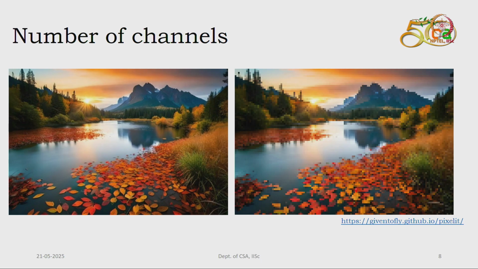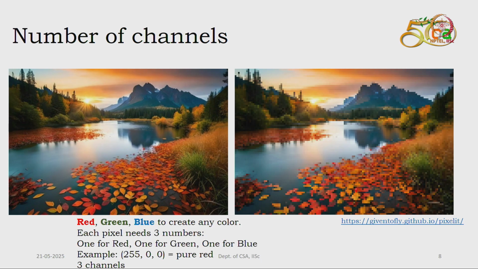We have seen in grayscale and even in binary images, we require just one value to represent a pixel. But when we are dealing with a color image, we require a total of 3 numbers to represent one particular pixel value.